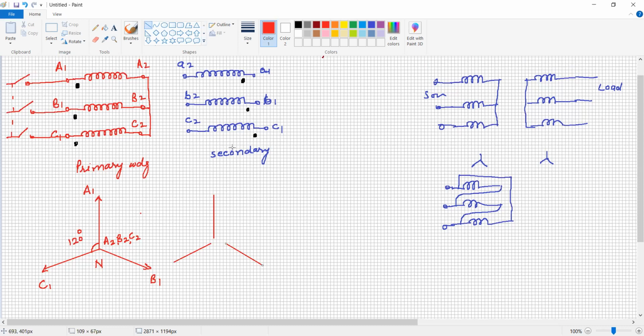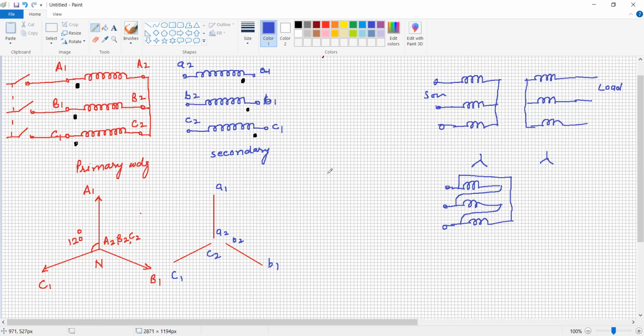So we can write the situation as: this is terminal A1, this is B1, and this is C1. It means the EMF induced in the secondary windings are in the same direction, so it is A2, B2 and C2.